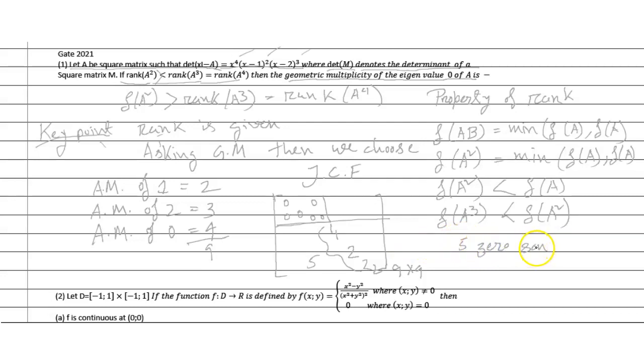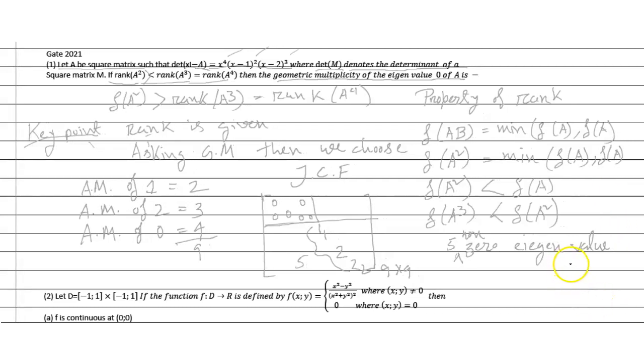So 5 non-zero eigenvalues means the rank is always at least 5, rank is always greater than or equal to 5.